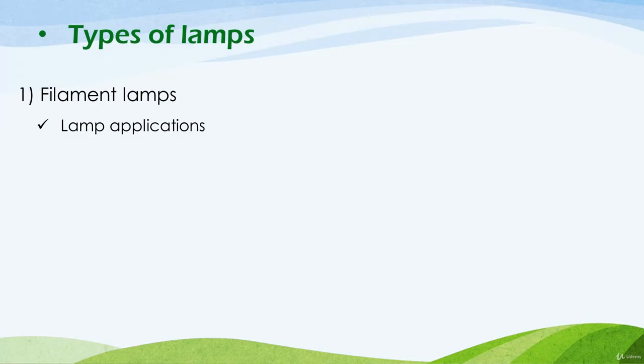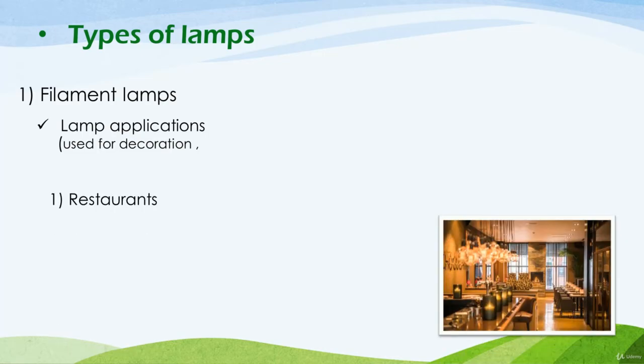The first one is decoration purposes, and this is due to the decorative style of some filament lamps, so it gives the interior design a good aesthetic form, and also due to the nice color of the light that it produces. An application of that is restaurants, and for that we will use the filament lamps in restaurants as you see here, so it gives a beautiful decorative shape.